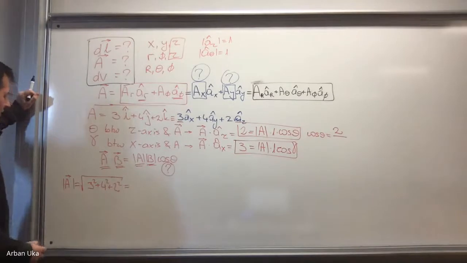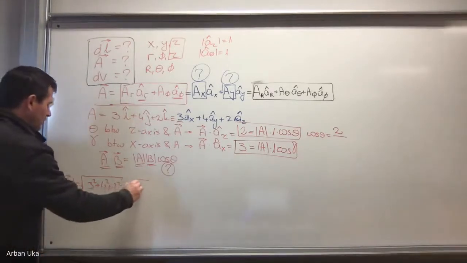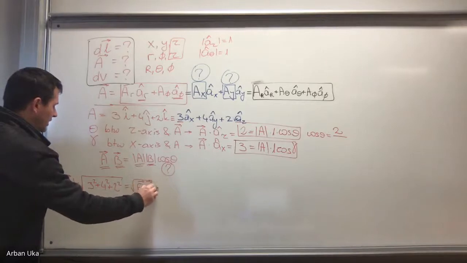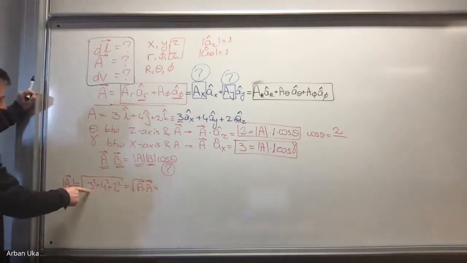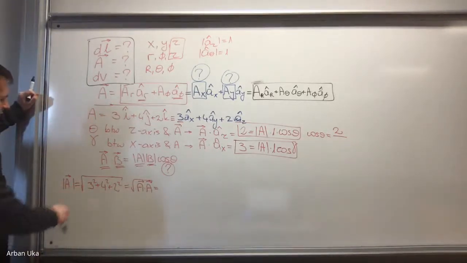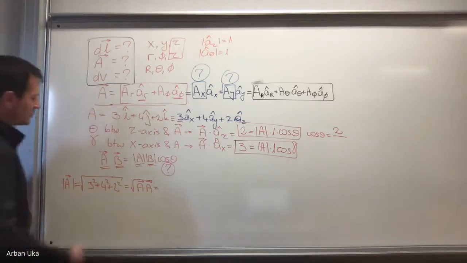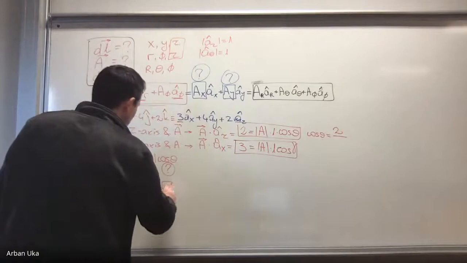And in principle, I can also write this as A dot A, the inner product with itself. But we have this. And finally, we have 3 squared 9 plus 16, 25 plus 4, 29. So here we get the square root of 29.